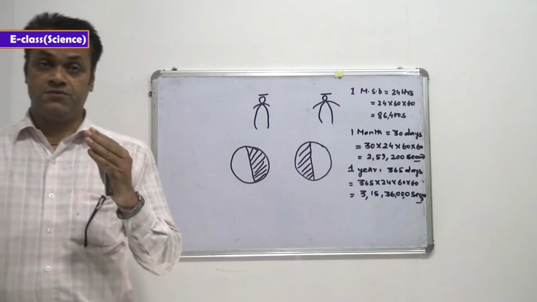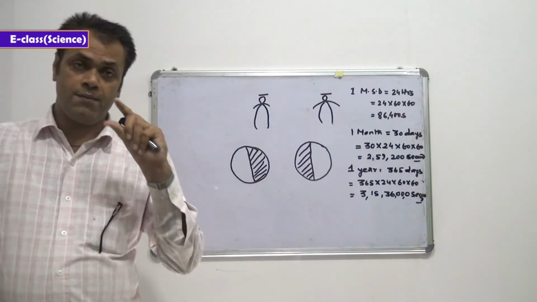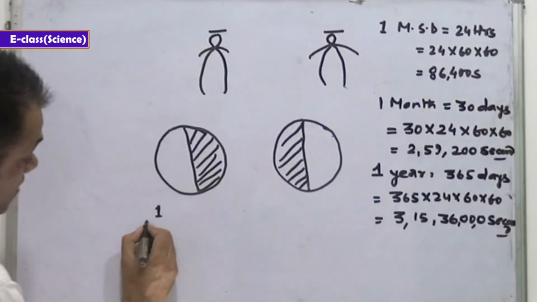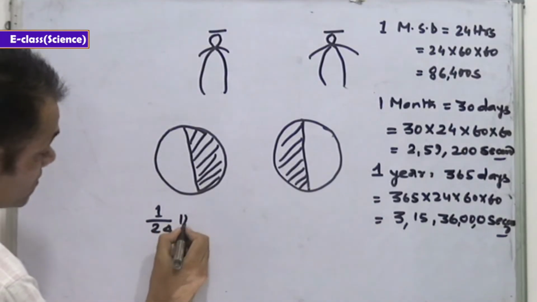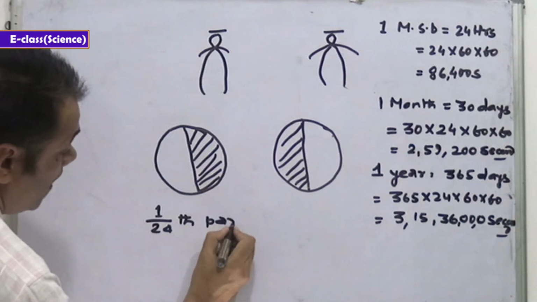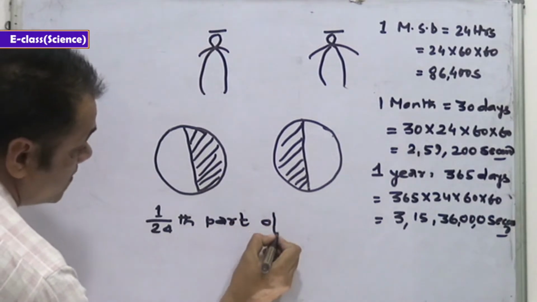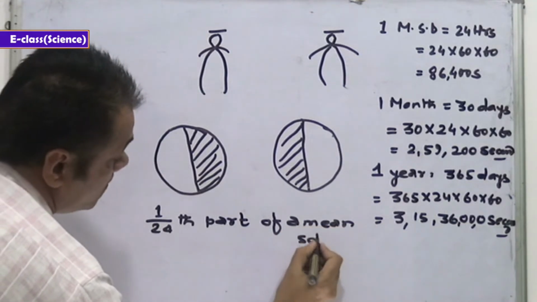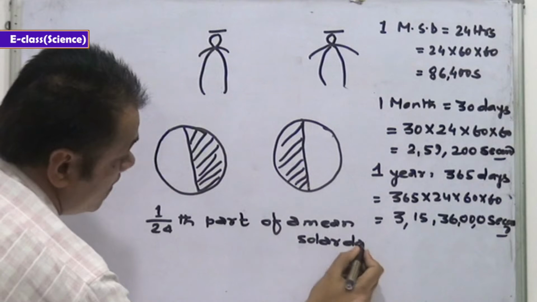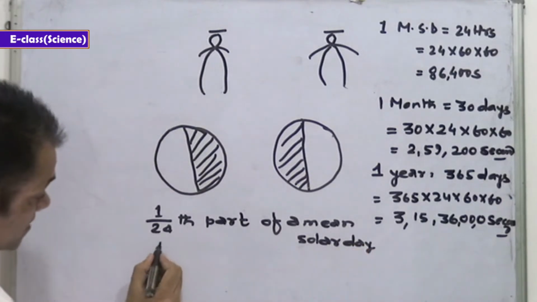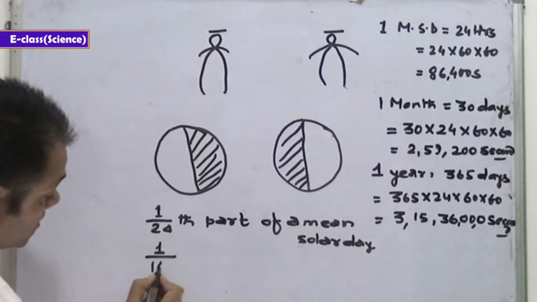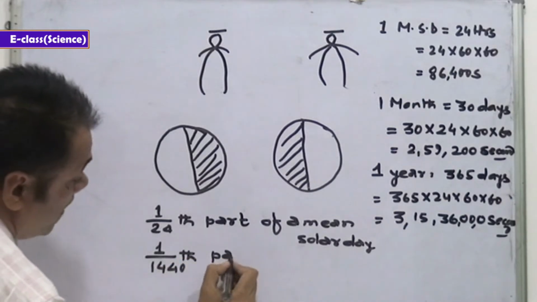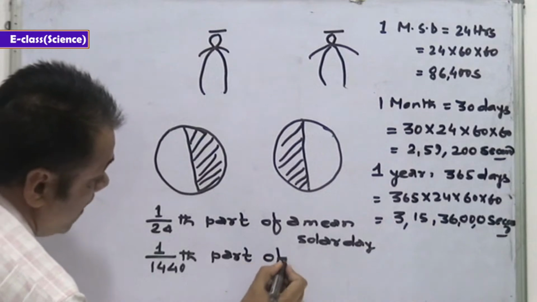Now I'm going to continue. 1 hour is 1 by 24th part of a mean solar day, and 1 minute is equal to 1440th part of one mean solar day.